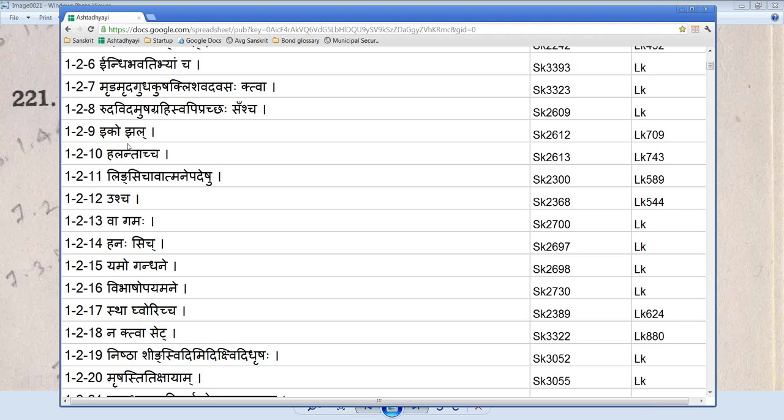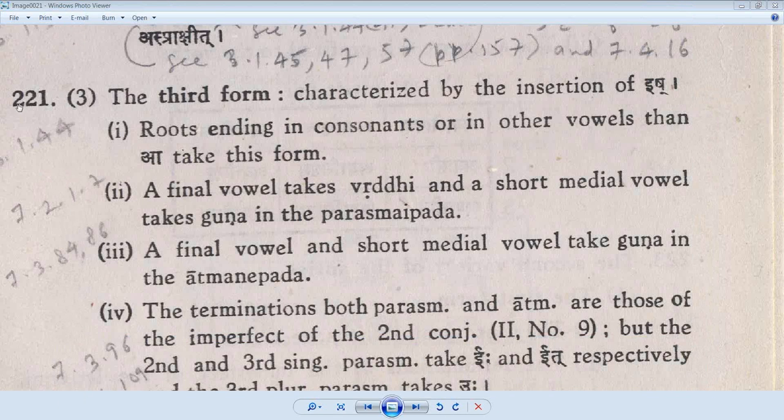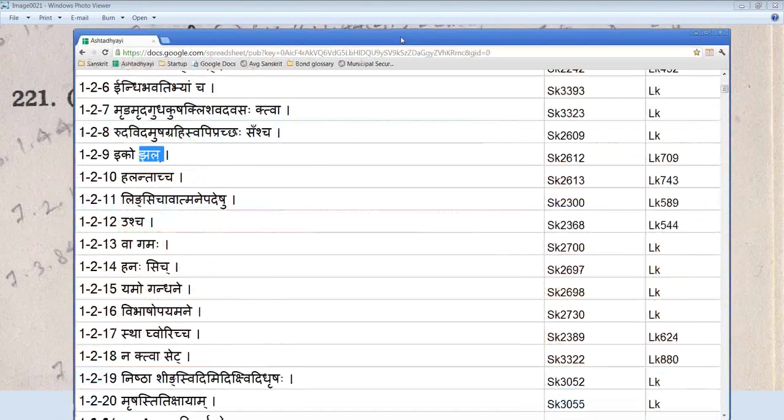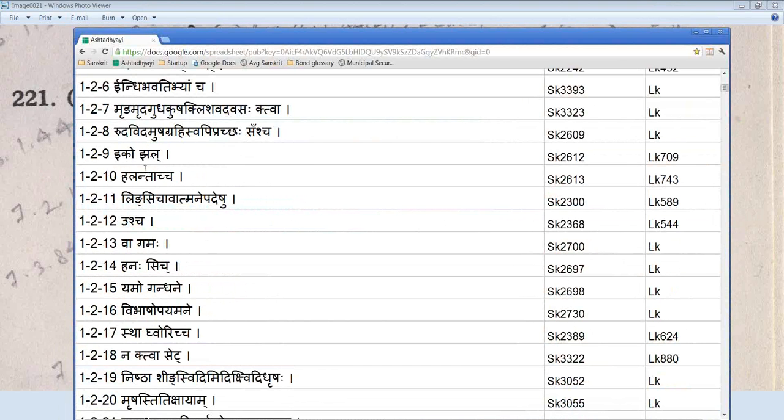But that is only if it's jhaladi. We just said that this point number 221 is talking about when the sich has the idagamaha. So in point number 221, we will not have 1-2-11 and 1-2-12, because it is not jhaladi.